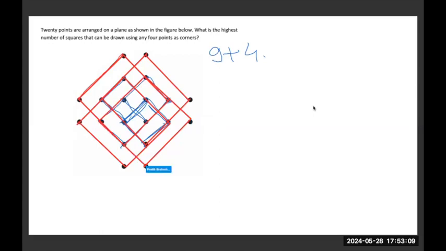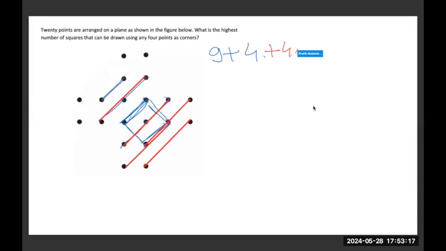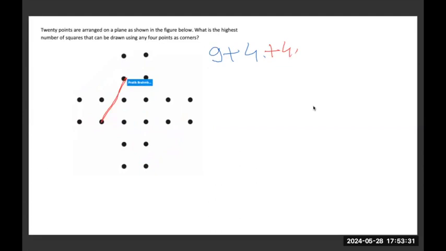So again, plus 4. After this, you're again going to go for larger squares, but they are at a weird angle, like these. This is one typology.